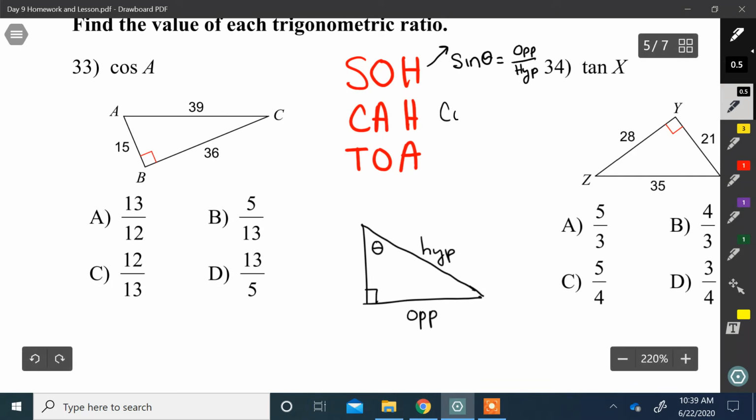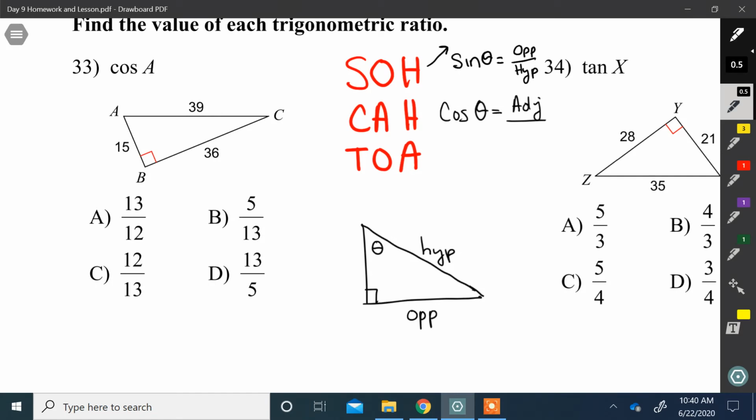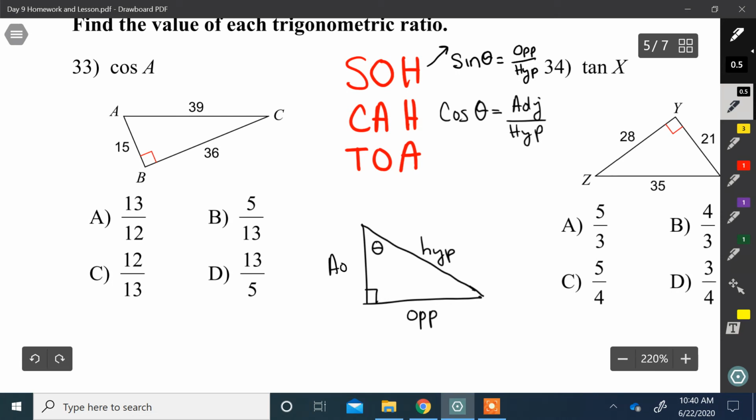And then we have cosine of theta. And again, guys, I'm doing this pretty fast, I know, because I'm hoping that most of you should know. Cosine of theta is equal to adjacent over the hypotenuse. Now, what is the adjacent? The adjacent is the side that is next to it that is not the hypotenuse.